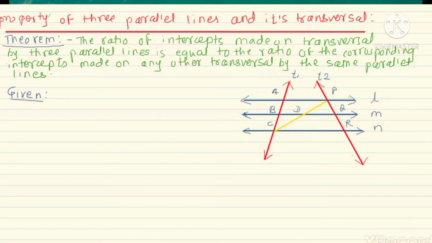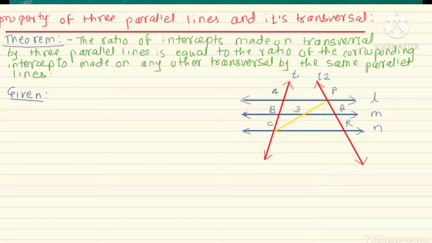Now we will try to understand that statement with the help of the given figure. Here is a figure. First of all, try to understand the figure. What is given? There are three parallel lines. Which lines are parallel?